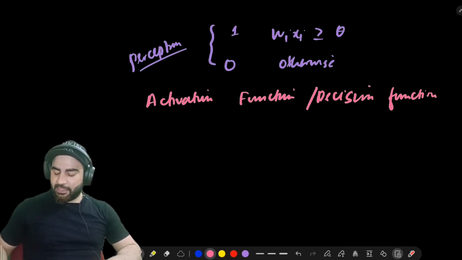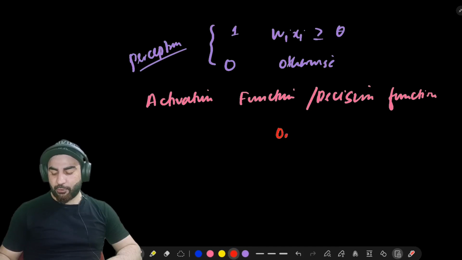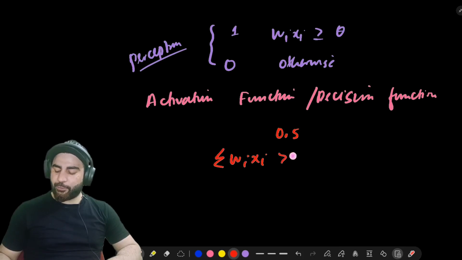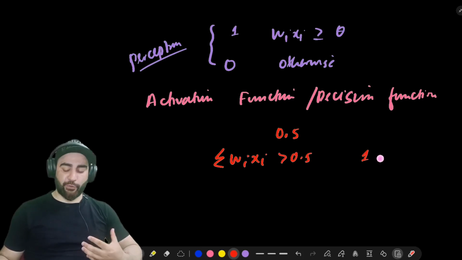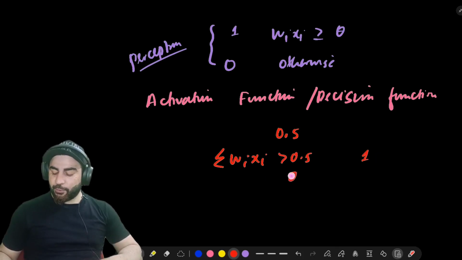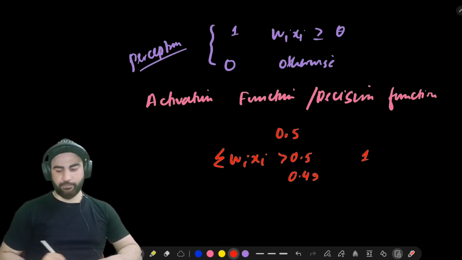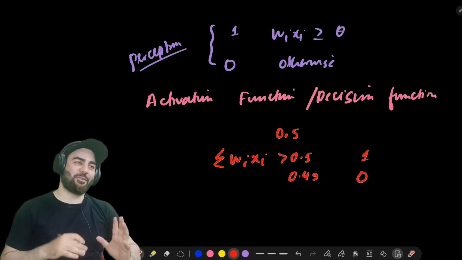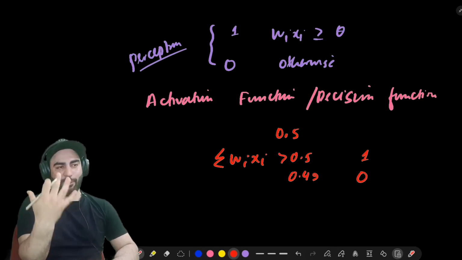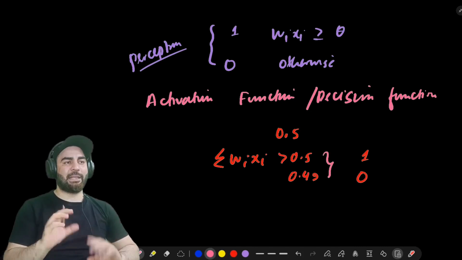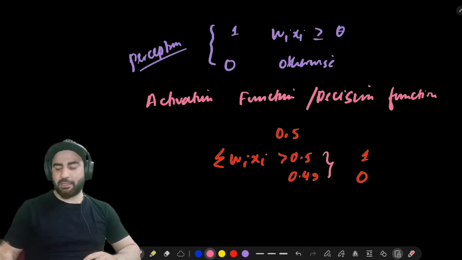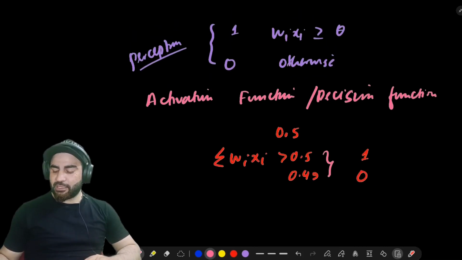But if it came out to be 0.49, you will straight away say 0: we should not recommend the movie or the product to the person. But you see there is a very small gap between 0.5 and 0.49, yet the decision varies a lot. So this somehow looks very absurd.